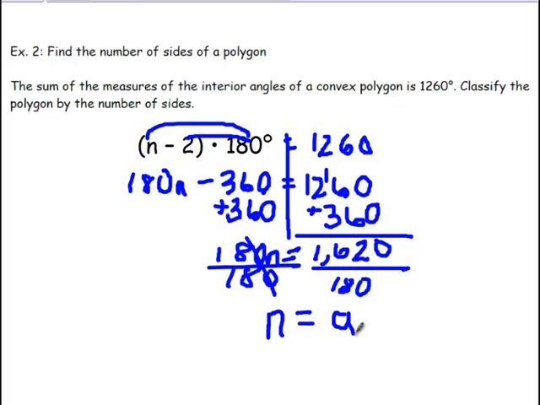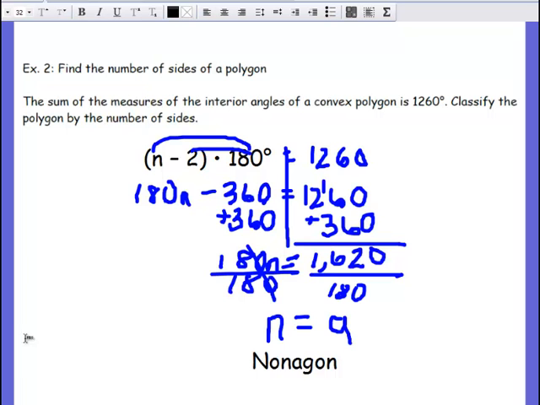So this is a 9-sided polygon, and a 9-sided polygon is called a nonagon.